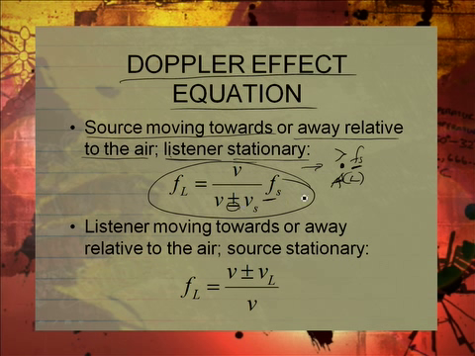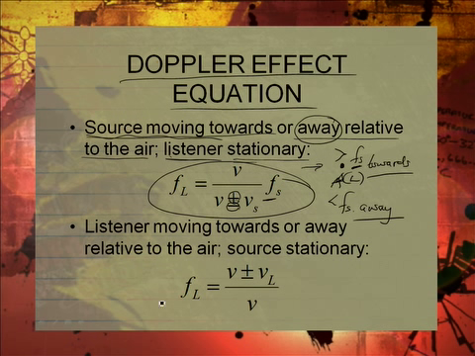But if the source is moving away relative to the air, we have to make the denominator bigger so that we've got a smaller fraction. This was going to be a bigger fraction when we subtract. So we add, we have a smaller fraction multiplying, and we have a frequency less than the frequency of the source. That is when the source is moving away. That's when the source is moving towards. Those two points are very important.